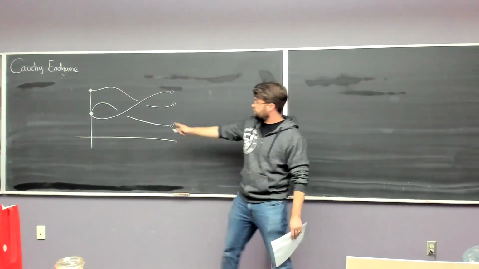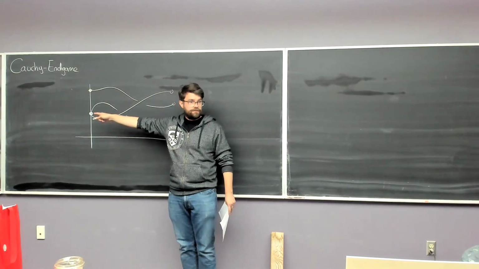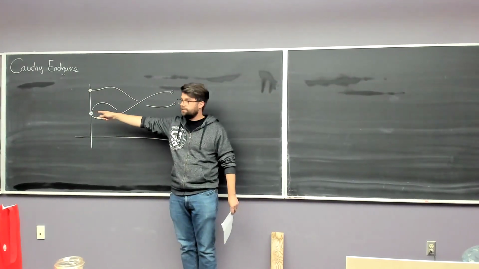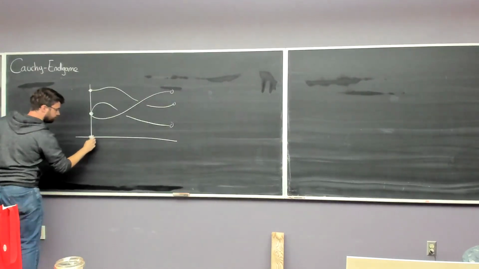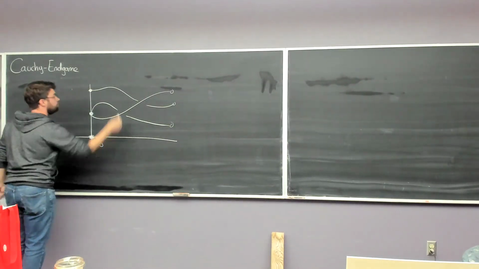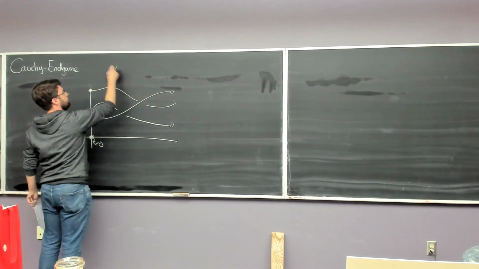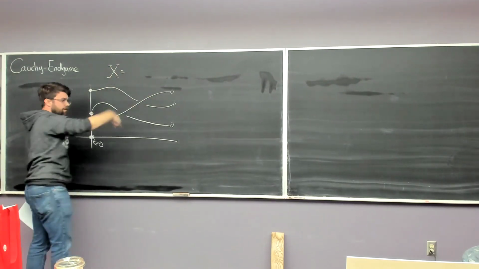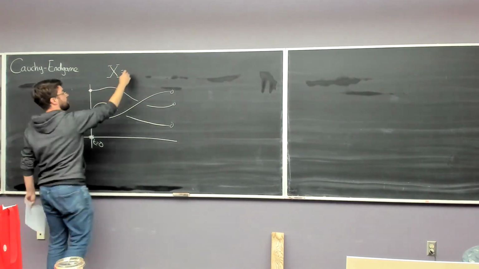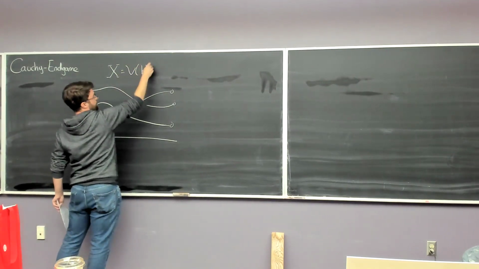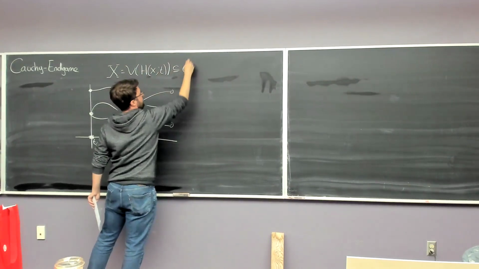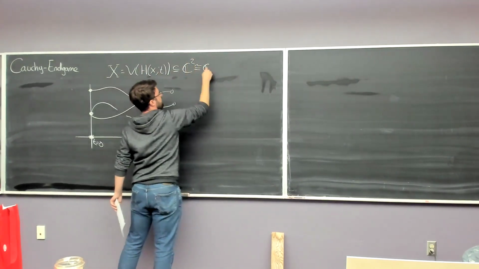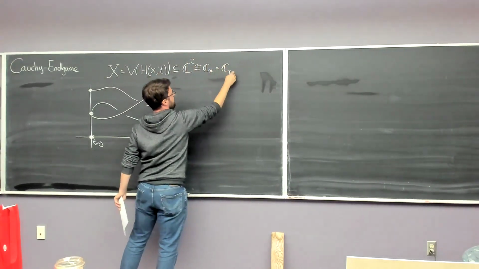And we have some paths coming together with multiplicity. And these paths are part of a variety. It's really just the variety cut out by our homotopy equation, living inside C2, which we really think of as having x coordinates and t coordinates.